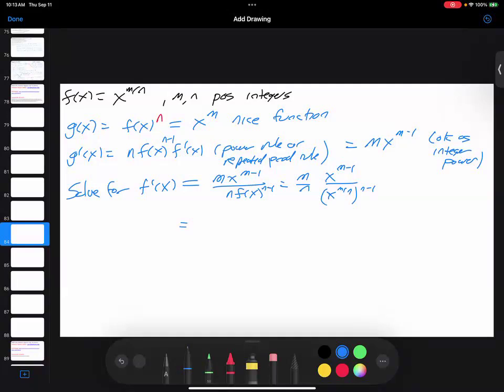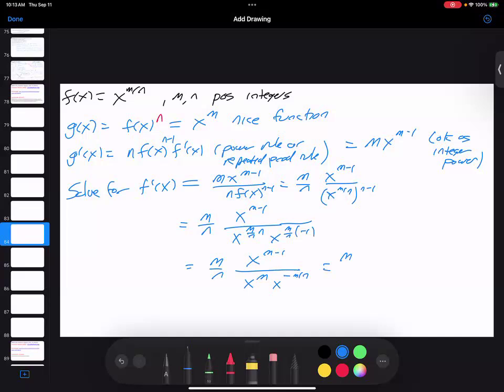Okay, so now we have to do some algebra. m over n, x to the m minus 1, and then down below, x to the m over n times n minus 1. By the law of exponents, it's x to the m over n times n, x to the m over n times negative 1. I'm just trying to do it very slowly. That's going to be m over n, x to the m minus 1, and down below we'll have x to the m, x to the negative m over n.